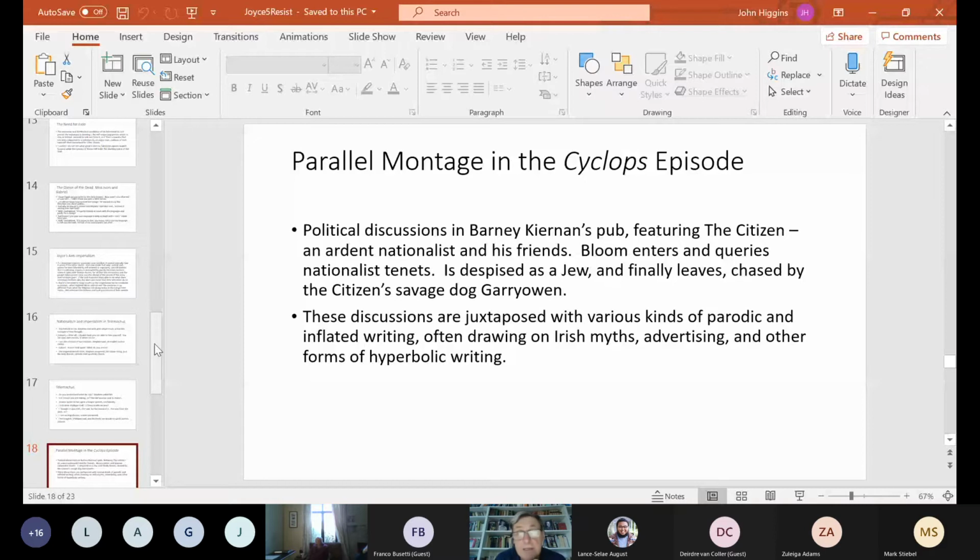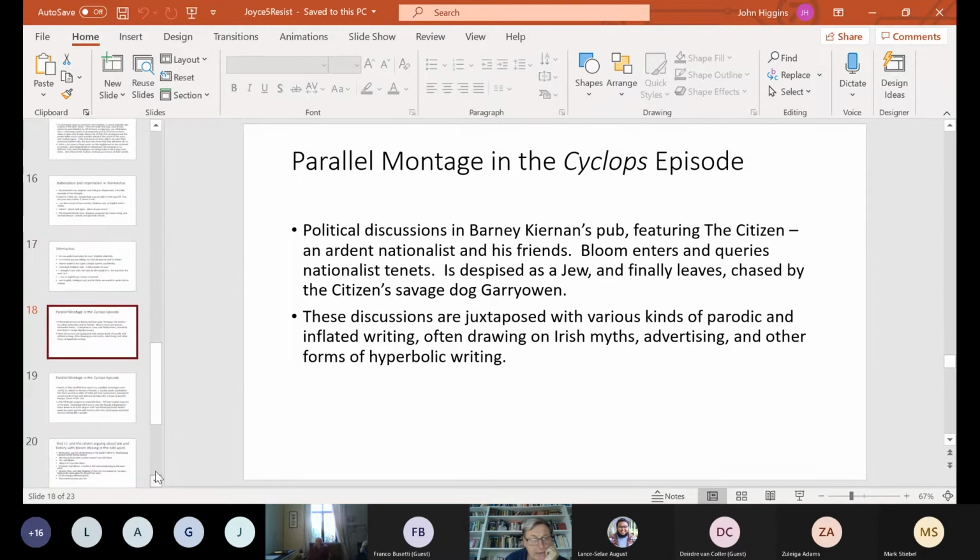Those conversations are given in pretty, on the whole, straightforward English-Irish. But between them are a series of parodic and inflated writing, which draw on Irish myths, advertising, and other forms of hyperbolic writing to give some of the bluster of the Citizen and some of the bluster of nationalism, to make fun, in other words, of, in our terms, I suppose, a Malema-like sort of nationalism.